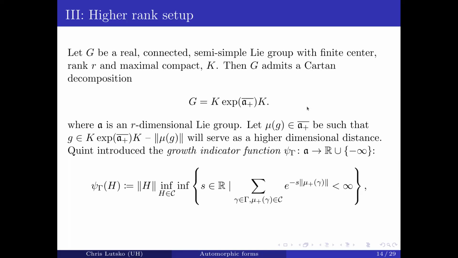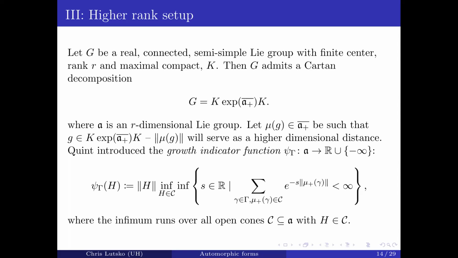And so using this, Quint was able to introduce a definition which takes the place of the critical exponent. So remember, the critical exponent was the exponential rate of growth of an orbit. However, now that we're in higher rank, orbits can grow in different directions. And so our exponential rate of growth is going to depend on the direction that we choose.